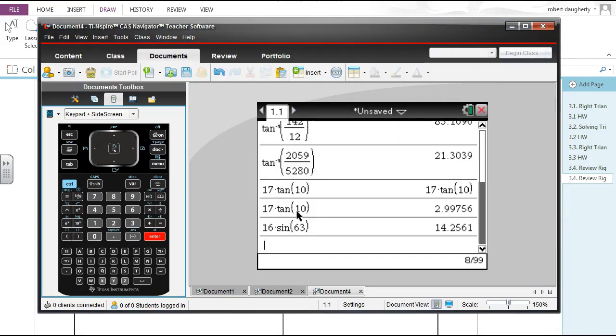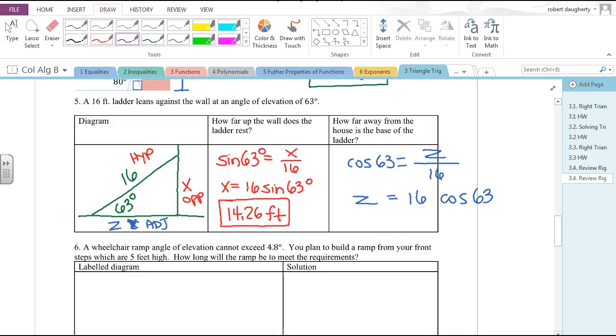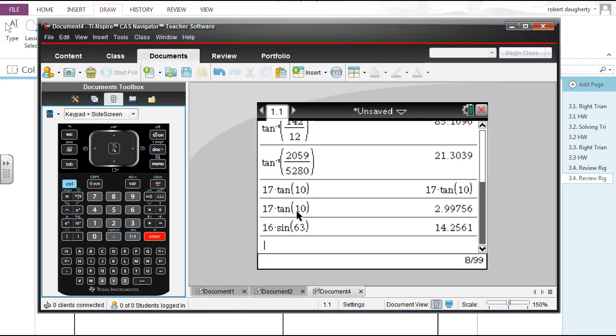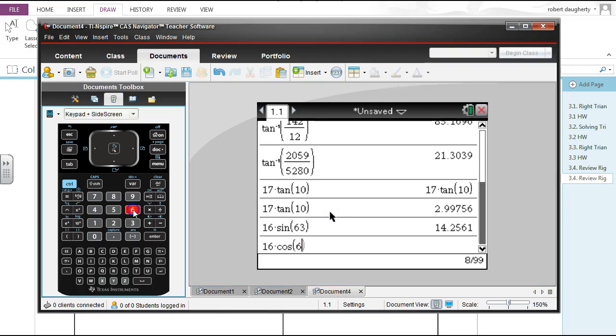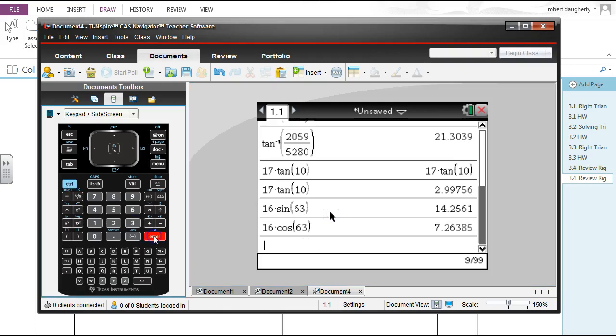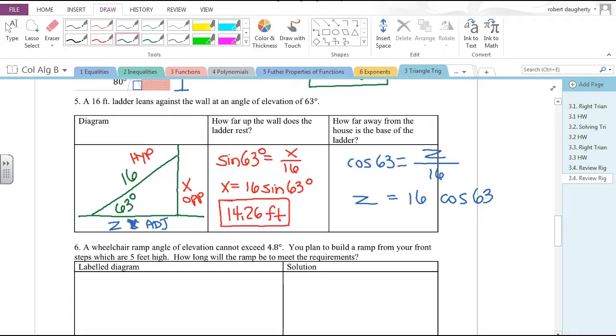So go to my calculator. 16 times the cosine of 63 is 7.26. So that tells me 7.26 feet. That's how far away the ladder is on the ground from the wall.